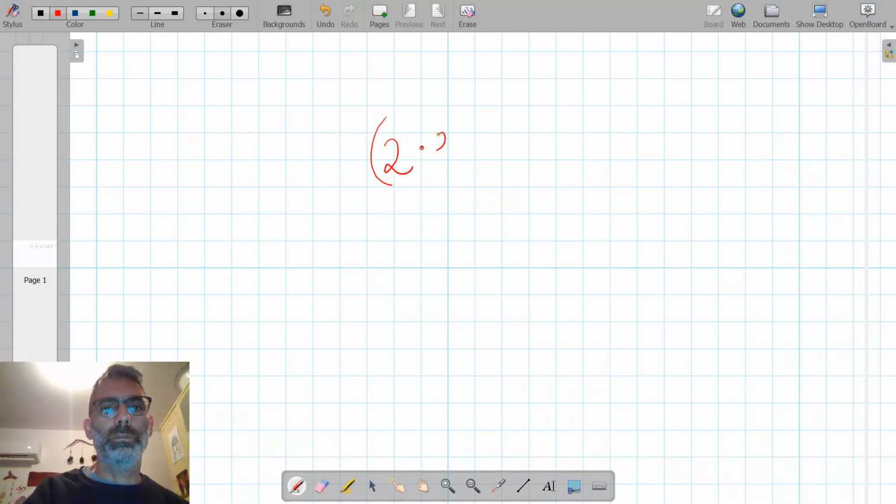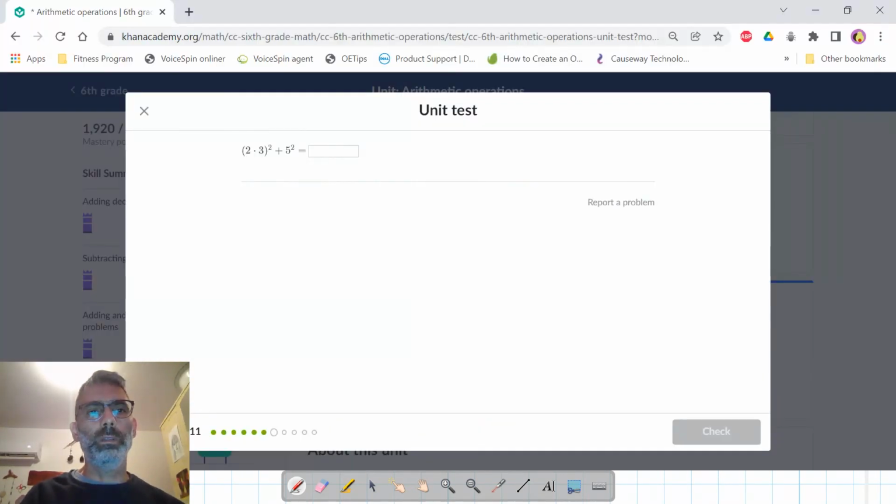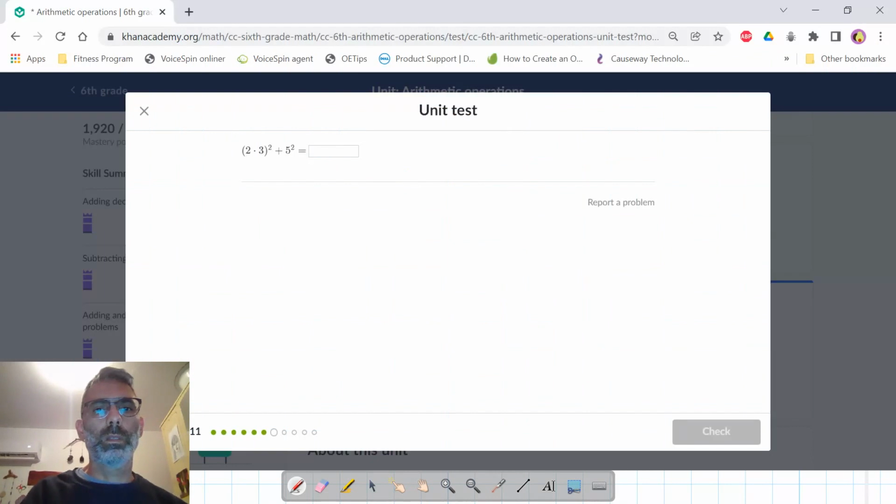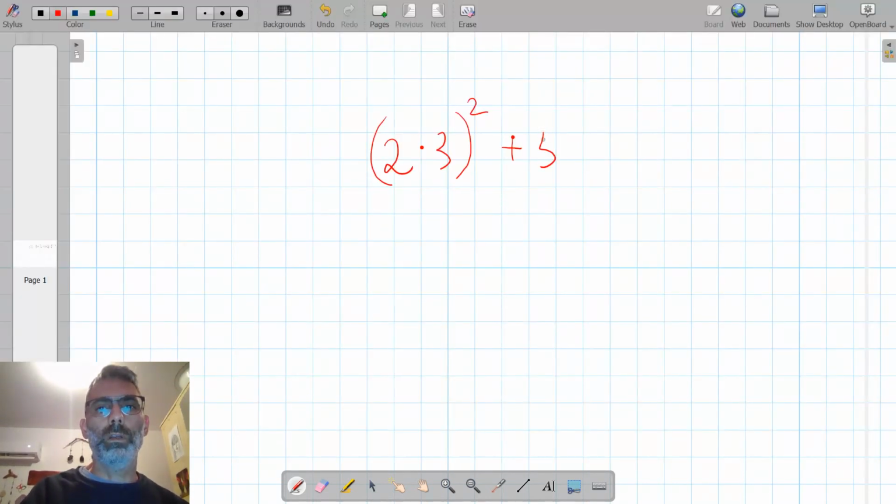2 times parentheses squared plus 5 squared equals. Okay, and thus parentheses, exponents, multiplication and division, addition and subtraction.